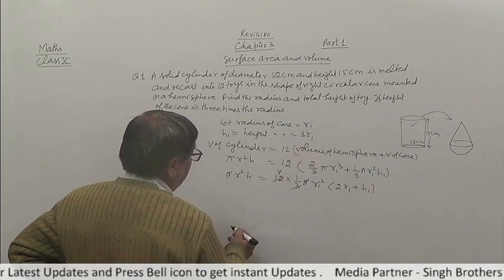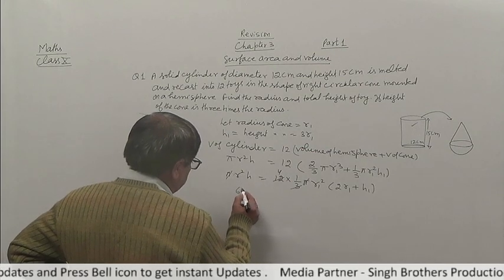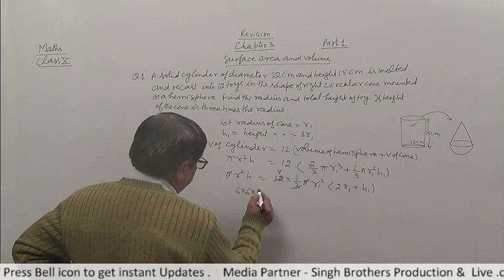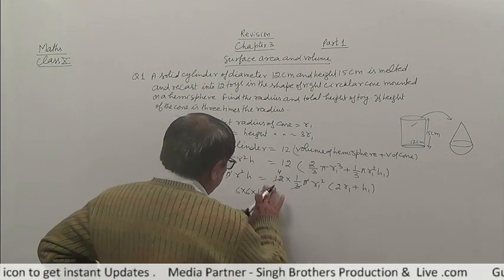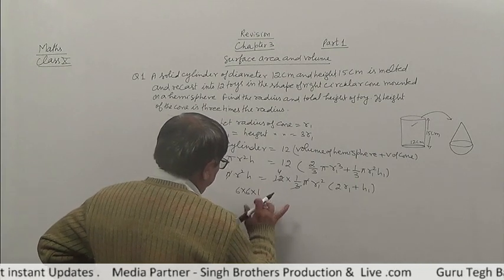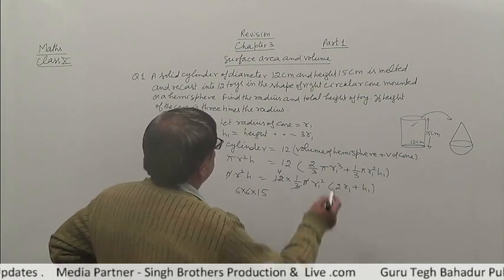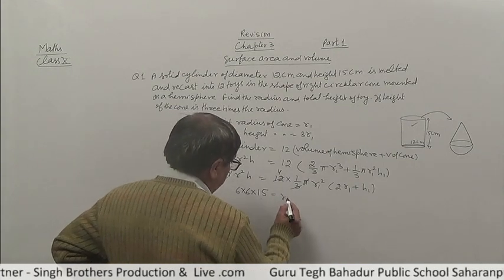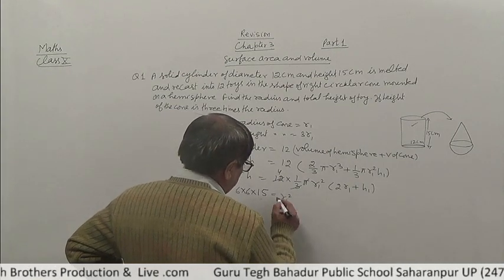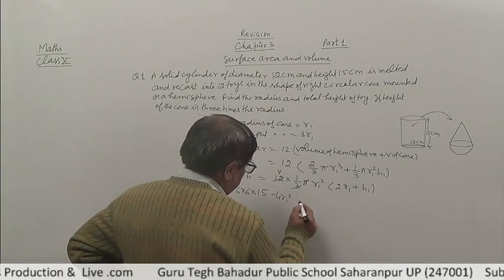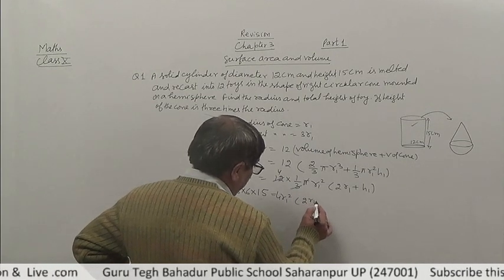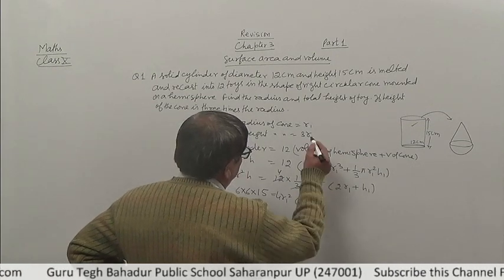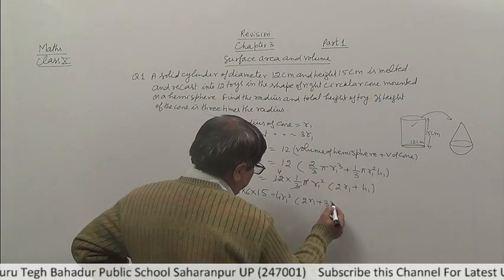Radius of cylinder is 6 into 6, height is 15. Here r1 square and 4r1 square, 2r1 plus 3r1, height is 3 times the radius, that is 3r1.